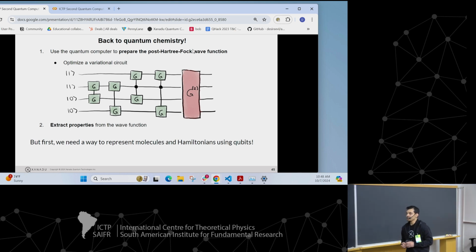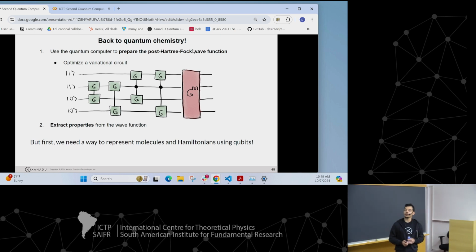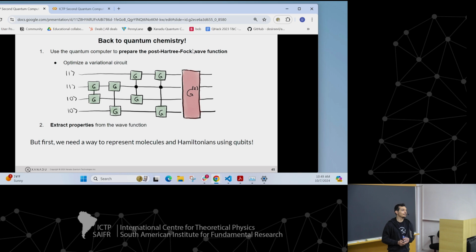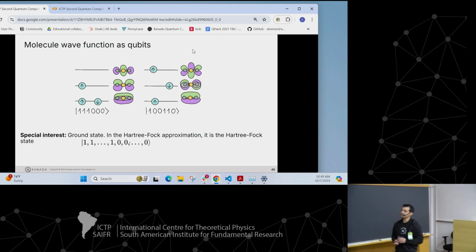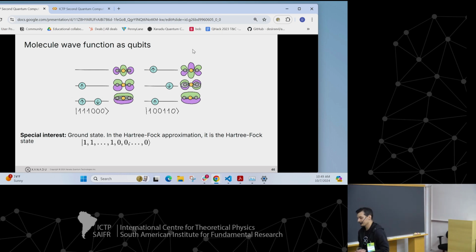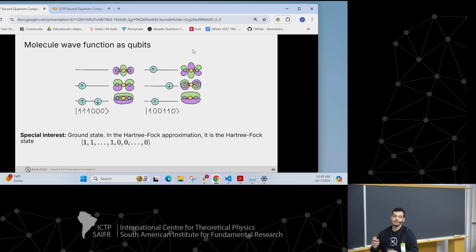The first problem we need to solve is how do you represent molecules and Hamiltonians using qubits? And this is where this idea of second quantization starts coming in. It's really the most useful way of doing this mapping between a classical description of the Hamiltonian and wave function into qubits.